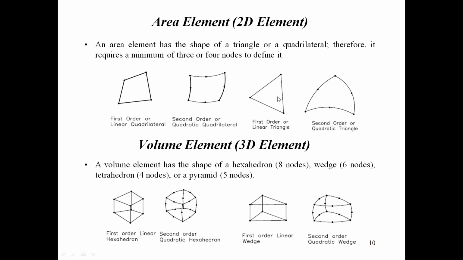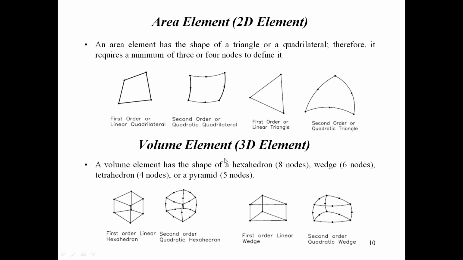So for the triangular element there will be 3 nodes, but for the quadratic element there will be 6 nodes, and for the linear quadrilateral element there will be 4 nodes, and for the quadratic element there will be 8 nodes.